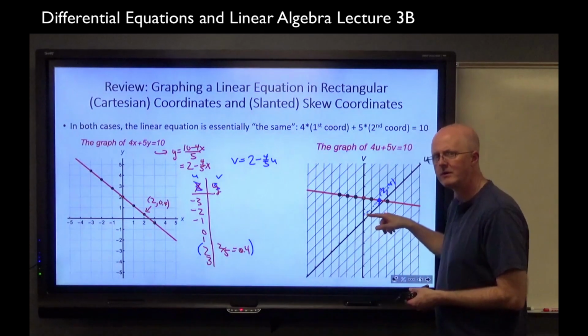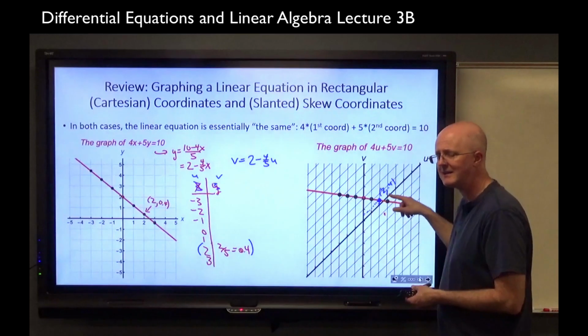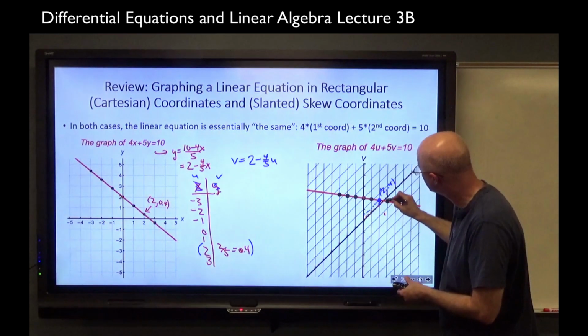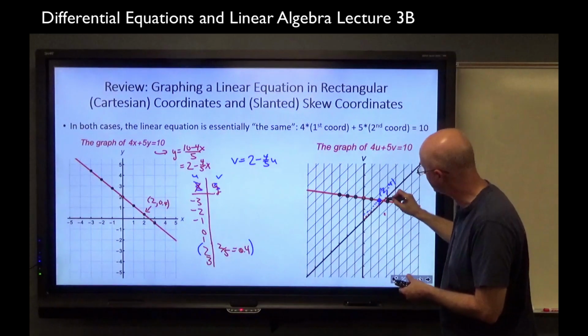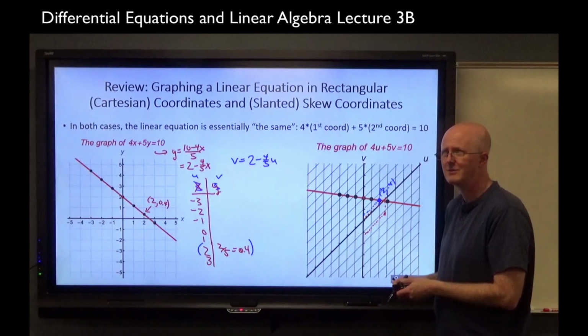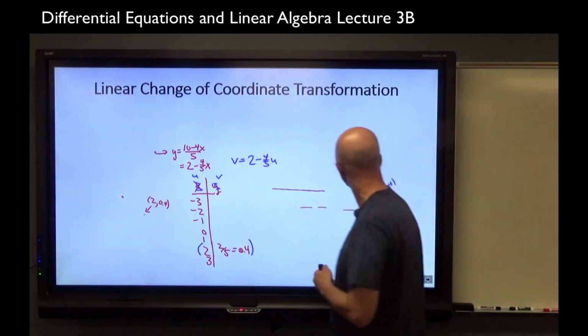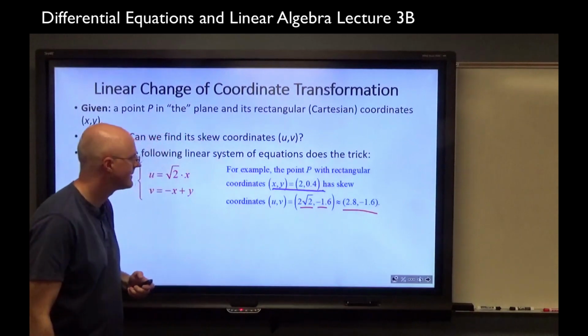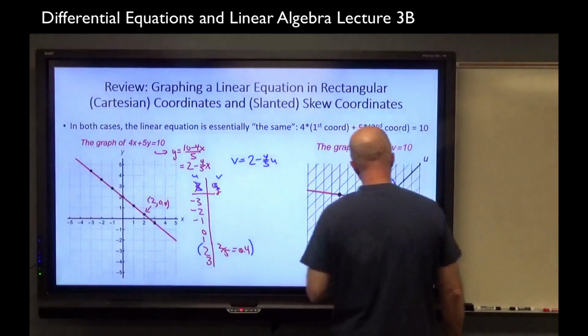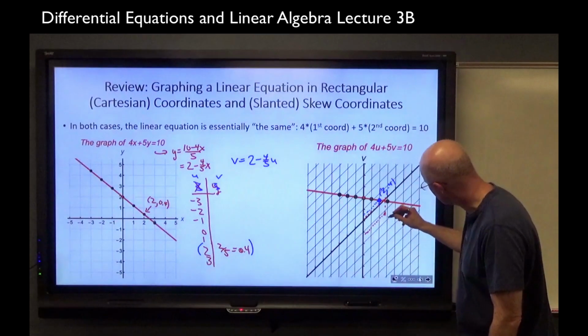Remember what the skew coordinates were? I think it was about 2.8. 2.8 units along the u-axis, and then go down. And V was about, I forgot, negative 1.2 was it? I forgot. Negative 1.6. So it really should be a little lower.